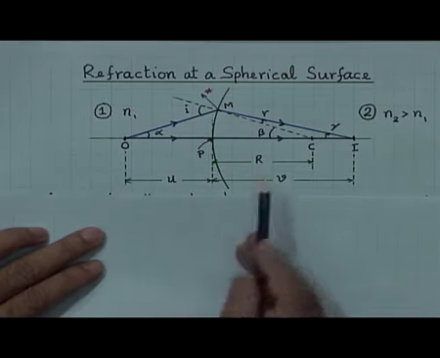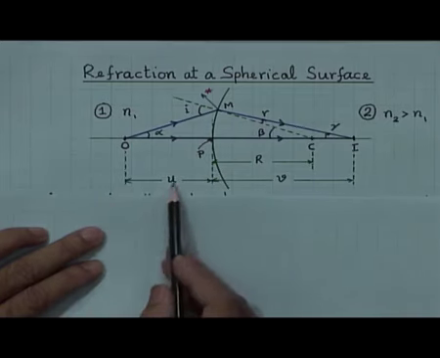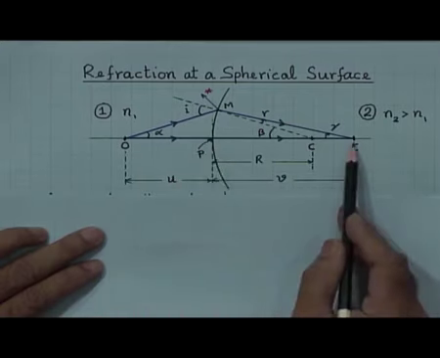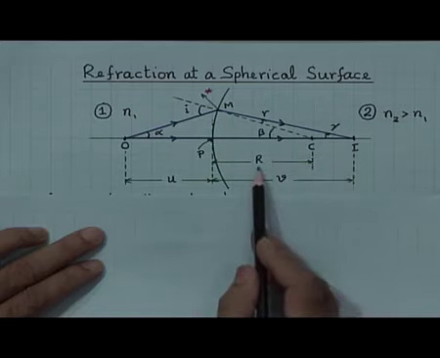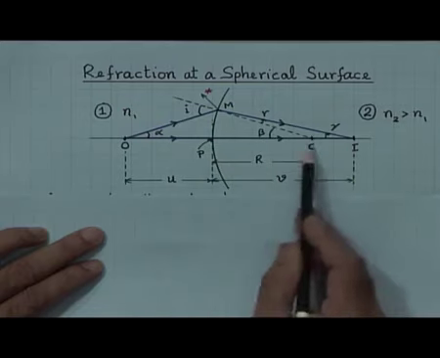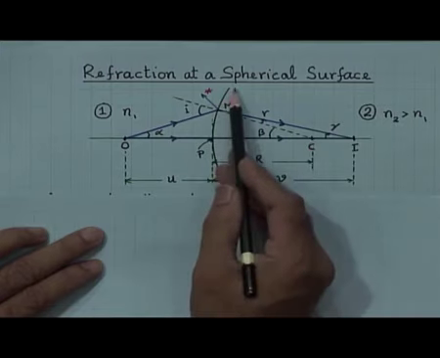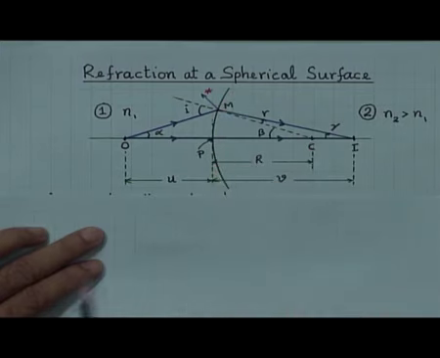We will look at the sign convention later, but right now u refers to the object distance and v refers to the image distance, and capital R is the radius of curvature of this surface. C is the center of curvature of the spherical surface.